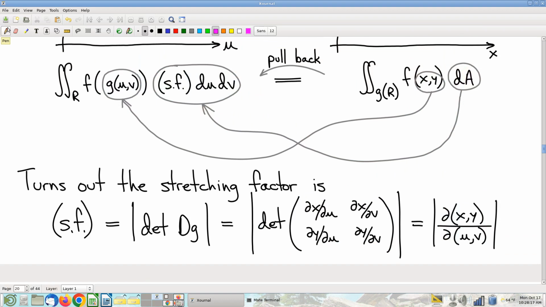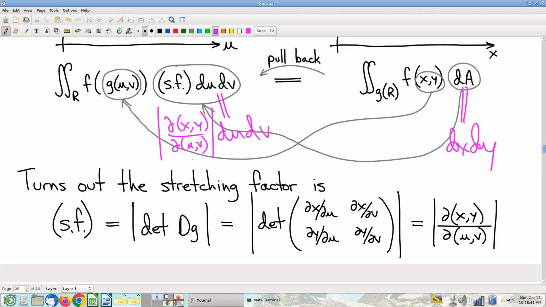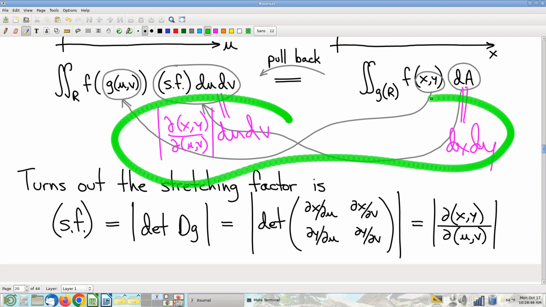But if I think of area in the xy plane as being dx dy, and if I think of areas in the uv plane as being, as I've written here, du dv, and if I write this stretching factor as partial xy, partial uv, if I use that notation, then notice these being equal, it's kind of like these canceled.